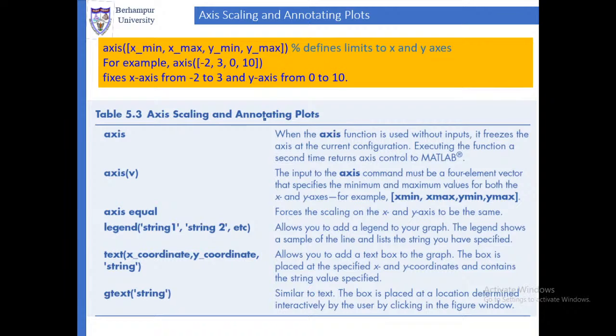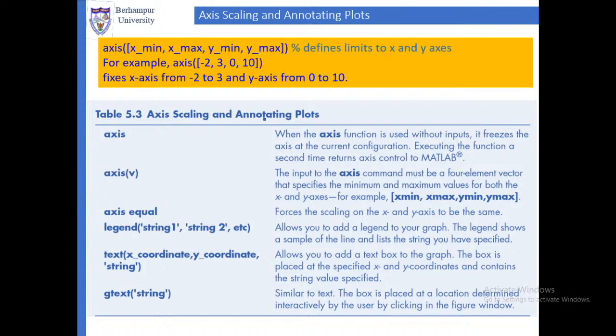For example, axis within round brackets, then we put the values within square brackets: minus 2 comma 3, 0, 10. So the x minimum value is minus 2, the x maximum value is 3, the y minimum value is 0 and the y maximum value is 10. So this fixes the x axis from minus 2 to 3 and the y axis from 0 to 10. Let us write the program and see it in Matlab.